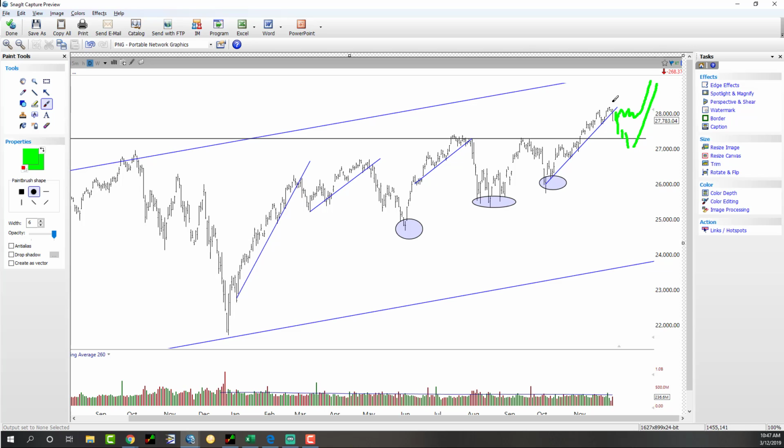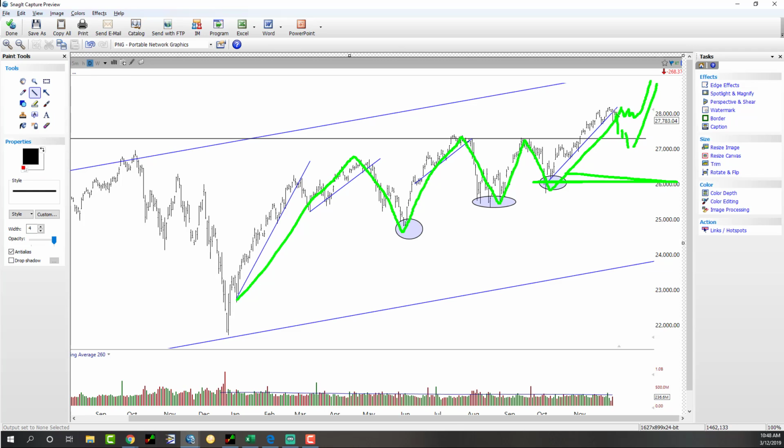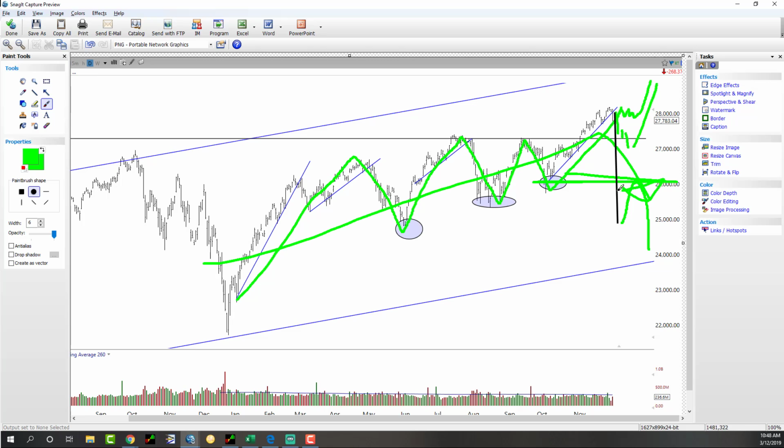So for this to really change the overall trend, we'd need to break this low through here. Why? Because once again, right, we see this point through here. Low, high, low, high, low, high, low. If the market starts to run down and go through there, and then it starts to rise and create a lower high and break the low, this whole bull market is turning into a bear market.